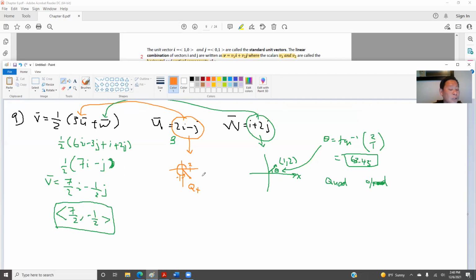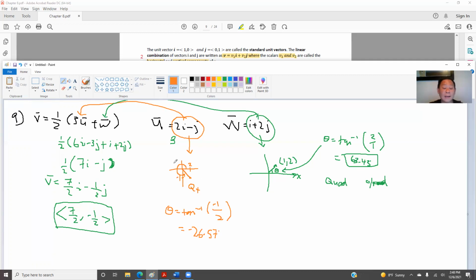This is the one you need to watch out for, class. When you find theta here, you do the arctangent of the second component over the first, -1 over 2. When you punch this into your calculator, you get -26.57 degrees.